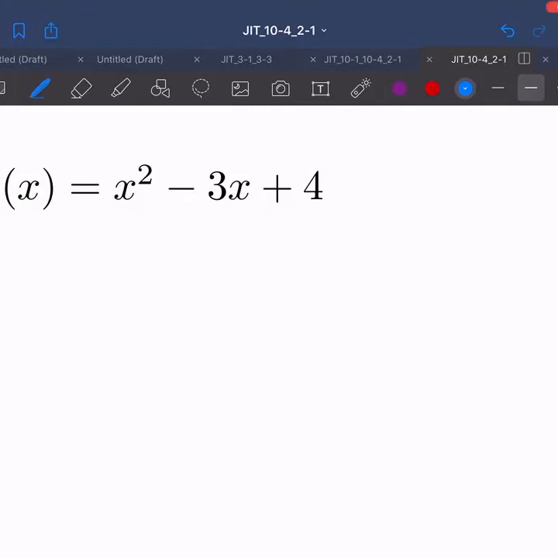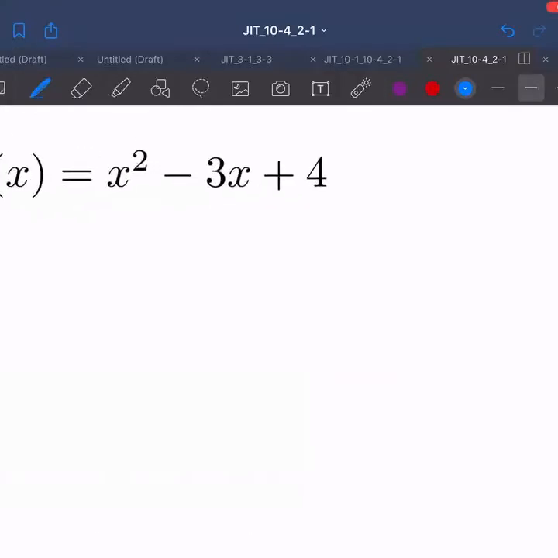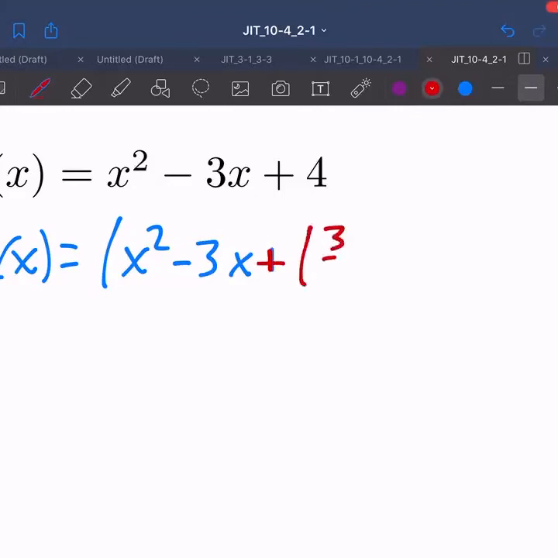So I'll take x squared minus 3x plus, and I'll add on 3 over 2 squared, and also subtract it away, and then plus the original 4.